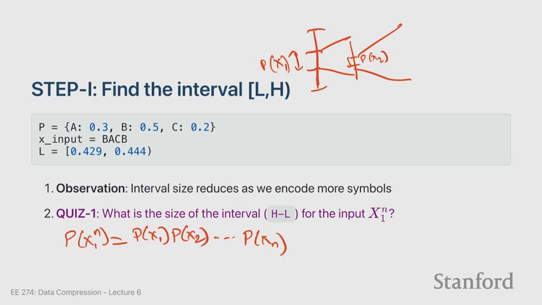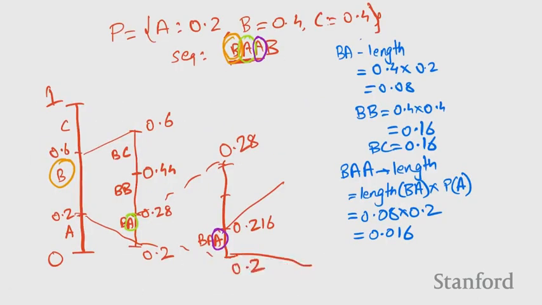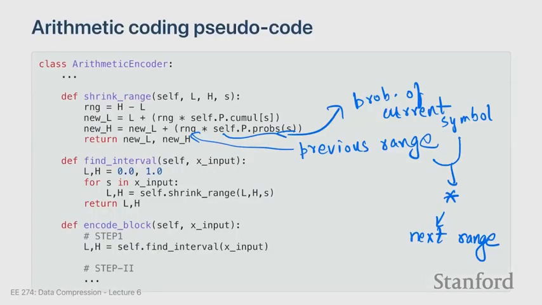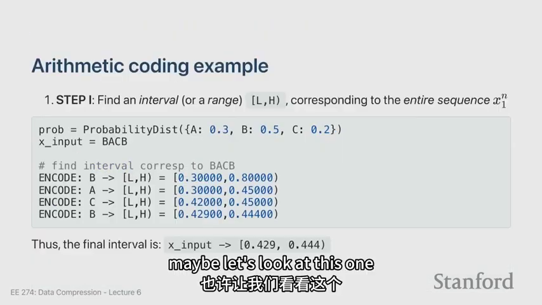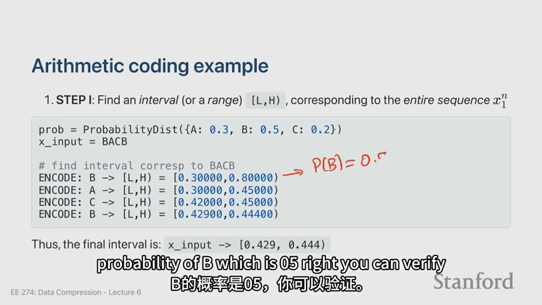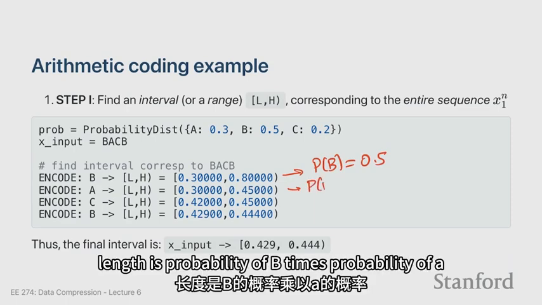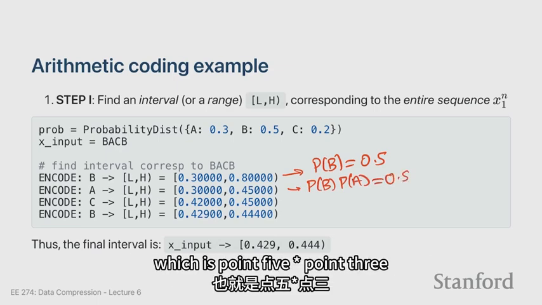Let's look at the example, just so we are very confident here. Maybe let's look at this one. So here, after step 1, the length is the probability of B, which is 0.5, right? You can verify. After step 2, the length is the probability of B times the probability of A, which is 0.5 times 0.3.